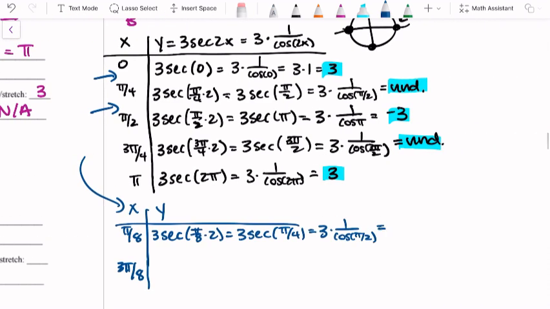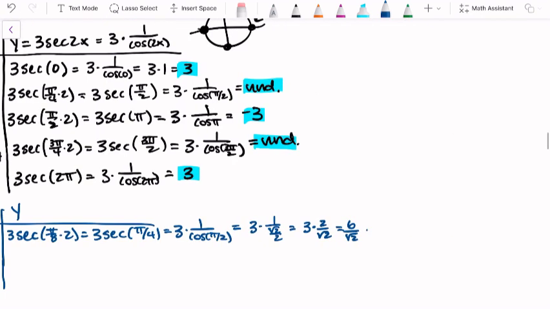That's 3 times 1 over the square root of 2 over 2, which is 3 times 2 over the square root of 2. That's 6 over the square root of 2, and let's rationalize that denominator: 6 square root of 2 over 2, so 3 square root of 2.